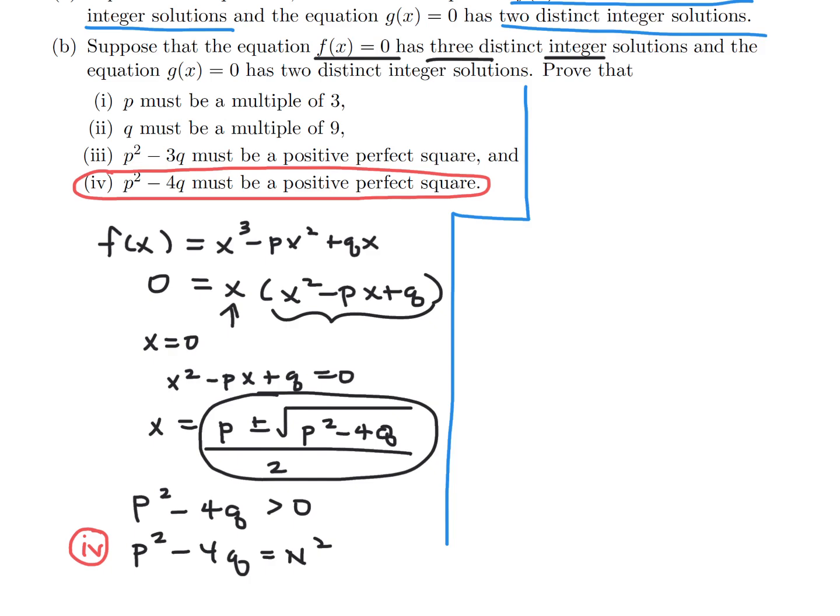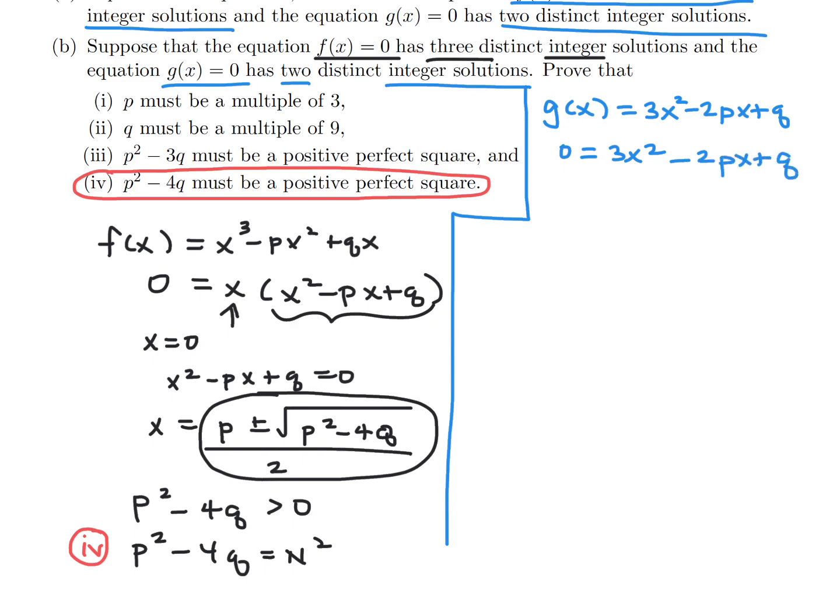Okay, so let's see what I can do with g at x. G at x, if I recall, was 3x squared minus 2px plus q. And that's being set to 0 also. And same kind of thing. We want 2 integer solutions. So I'm going to pretty much do the same kind of thing that I did previously. I've got to look at the quadratic.